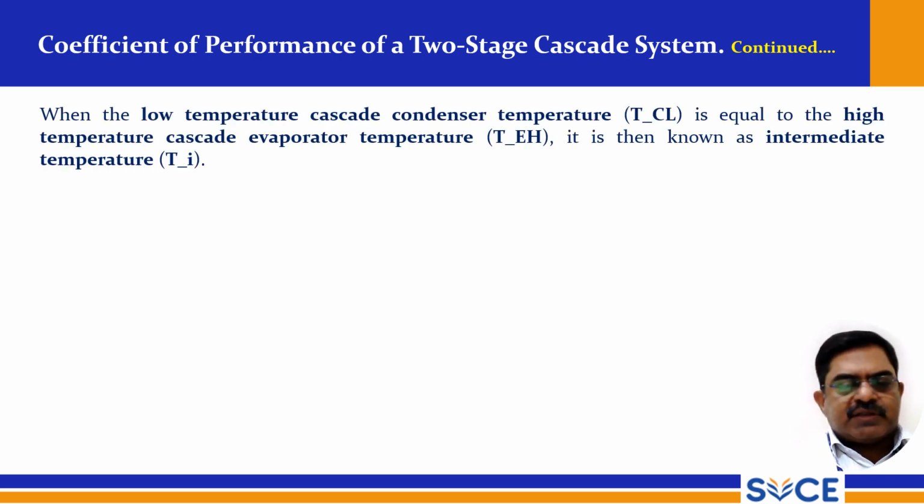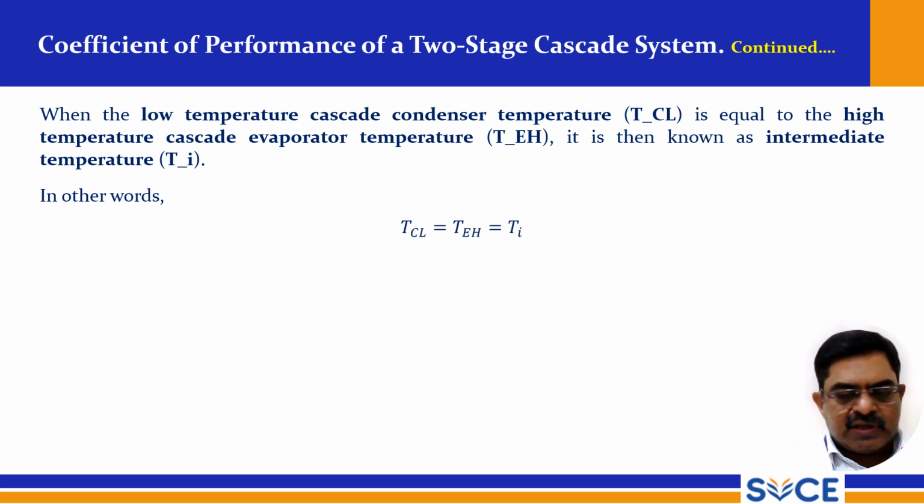So when the low temperature cascade condenser temperature is equal to the high temperature cascade evaporator temperature, it is then known as intermediate temperature, that is Ti. So we can rewrite: TCL equal to TEH equal to Ti.